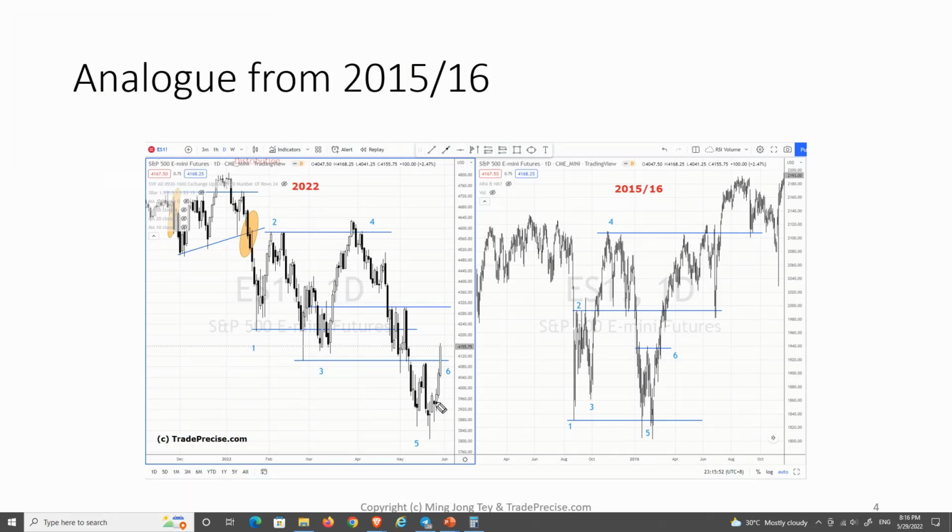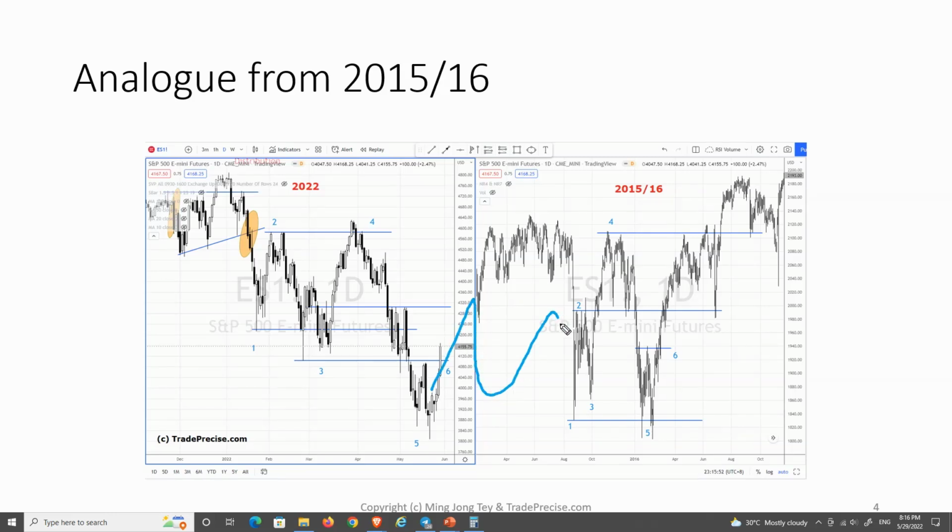If that's the case, I don't think we're out of the woods yet. It means that this is simply a low, just a change of character rally, and we can anticipate some kind of trading range to unfold. Something like this, and we need to judge the directional bias at a later stage. So it can still have the capitulation type of movement.